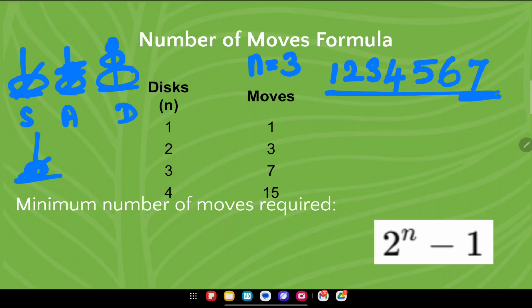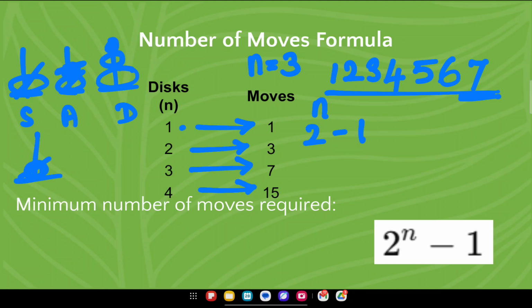If you have only 1 disk, then you have 1 move. If you have 2 disks, then you have 3 moves. If it is 3, you will have 7 moves. If you have 4, it's 15. Likewise, it follows 2 power n minus 1 moves required to move the disks from source to destination.